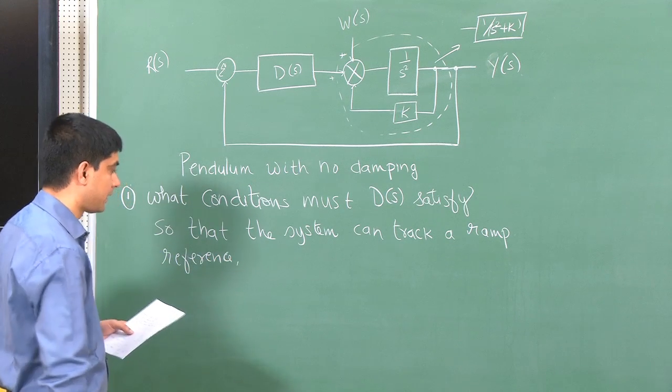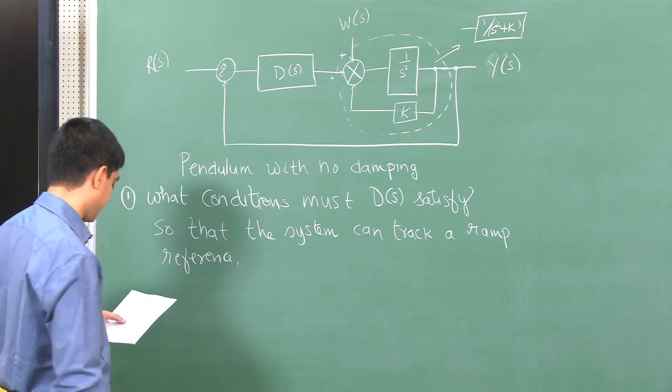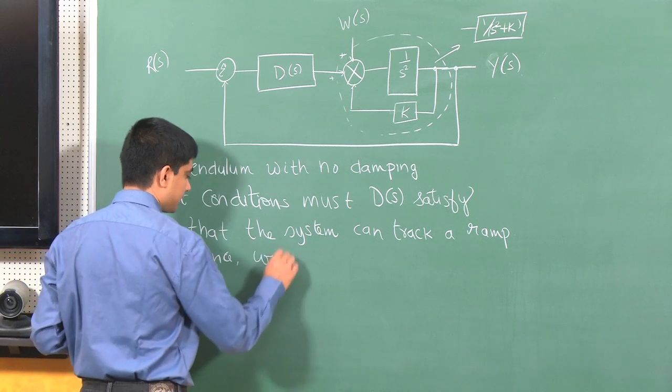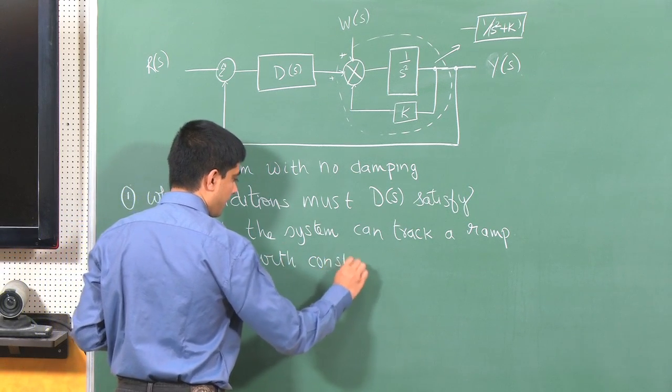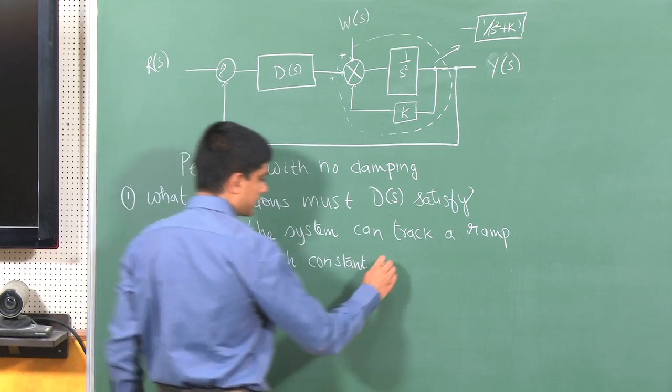Are there any specifications on the steady state error? Well, the specification is that it tracks a ramp reference with constant steady state error.